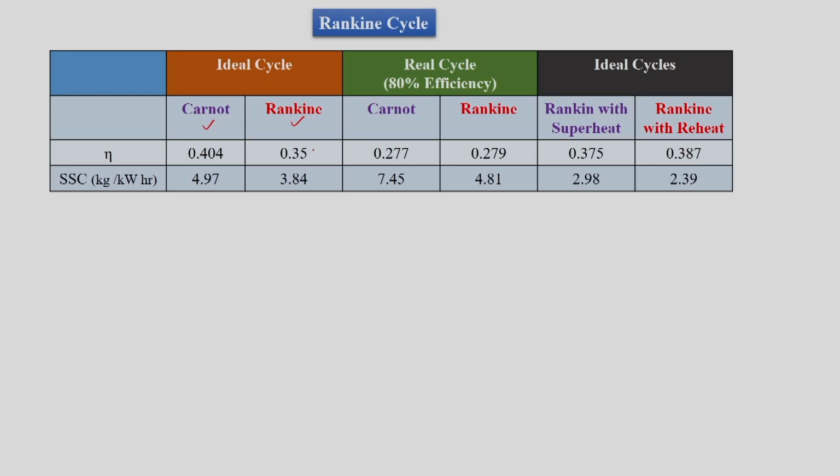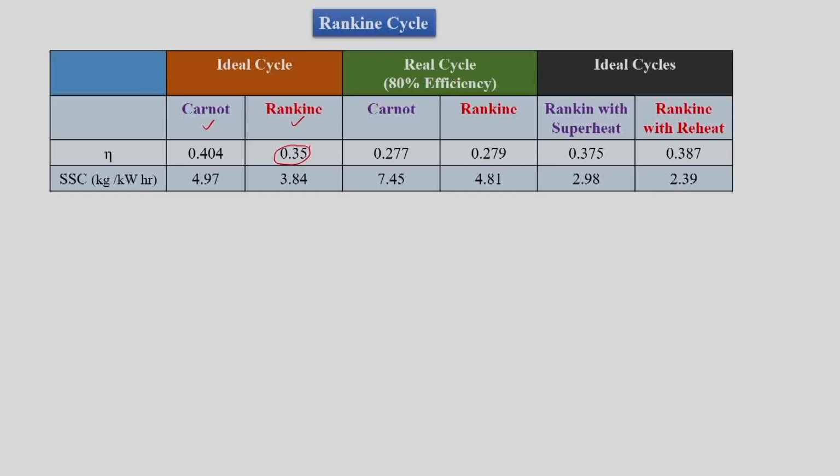That time Rankine cycle efficiency was less for our pressures, which are 30 bar and 0.04 bar between boiler and condenser. But with non-ideal components, at 80% efficiency, the Rankine cycle had higher efficiency than Carnot, and as expected lower specific steam consumption.